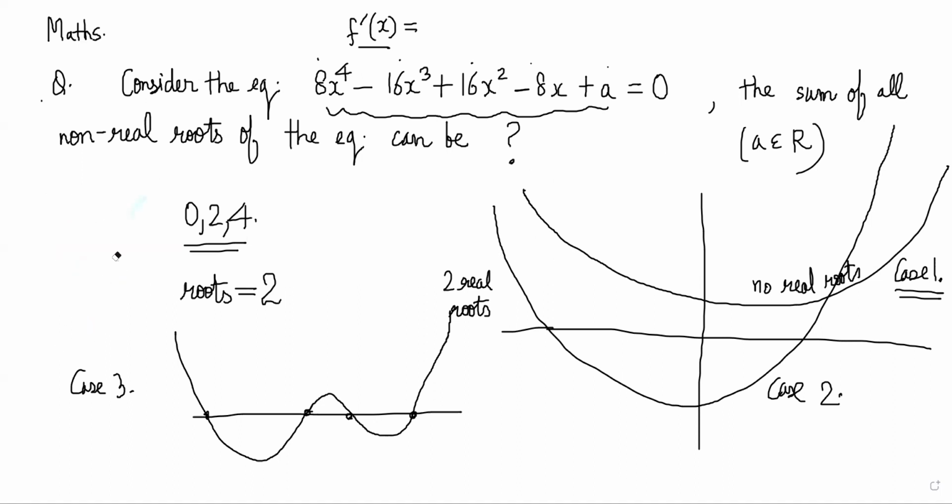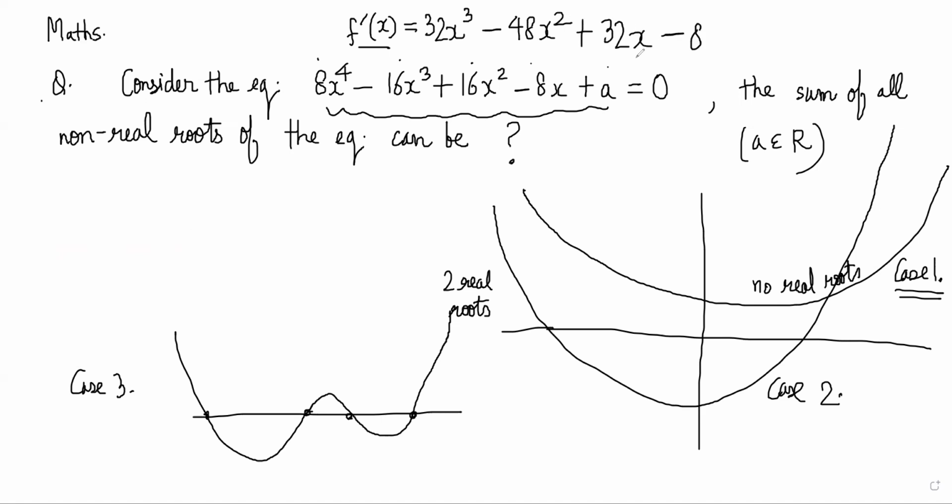Here f dash x would be equal to, this is my f dash x, which again is 8 times 4x cube minus 6x squared plus 4x minus 1.